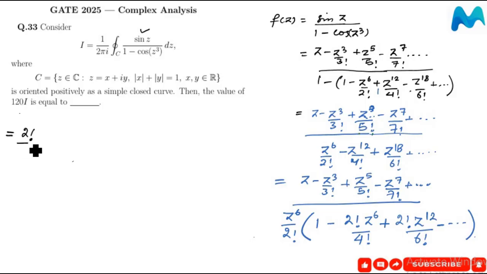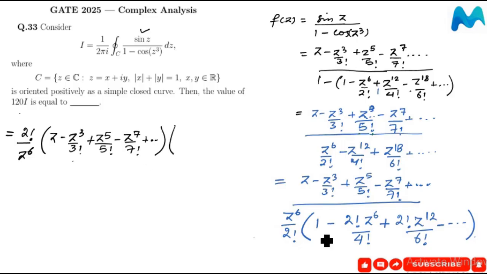2 factorial over z^6, and the numerator will be the same: z minus z^3 by 3 factorial plus z^5 by 5 factorial minus z^7 by 7 factorial, and so on.